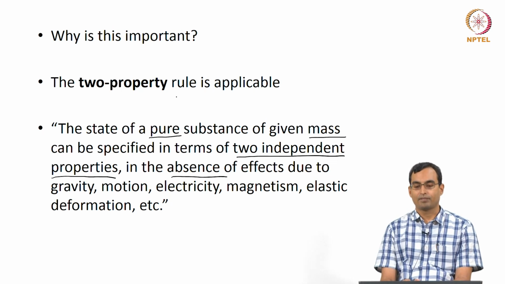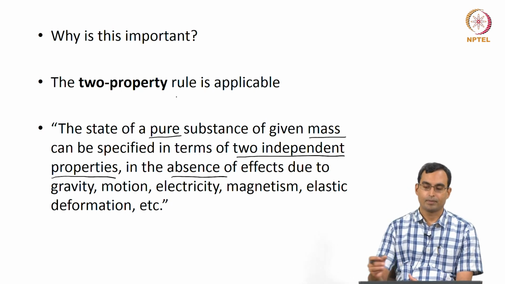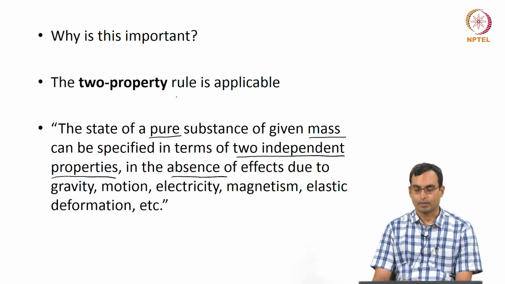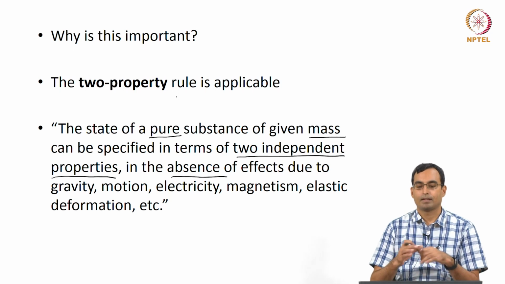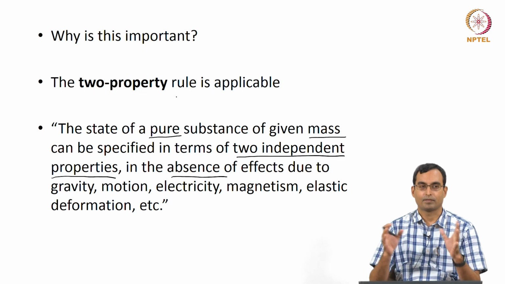So, one of our goals in trying to solve problems in the tutorials as well as in the assignments is to first see if we can identify two properties which we know. Because if we know two properties, and if we have a pure substance, then based on this rule what we can say is we know all the other properties. Because if we know two properties and we have a pure substance, we can define the state, which is a point on one of those graphs.